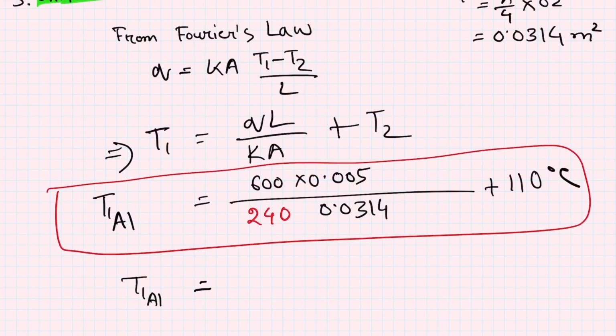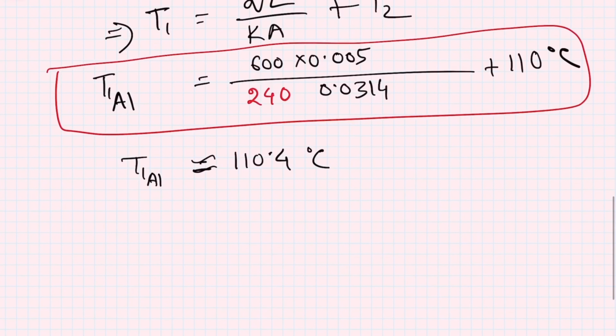We use our calculator to find that T1 for aluminum would be 110.4 degrees Celsius. It's an approximate value because I rounded up. We do the same calculation for copper, because we want to see what the temperature would be for copper and aluminum.